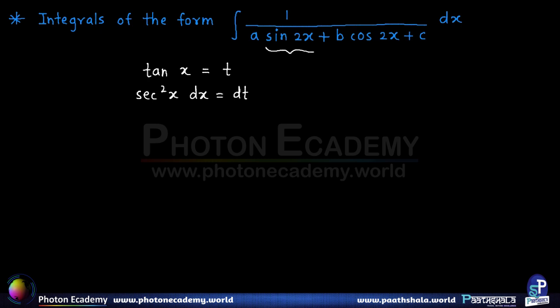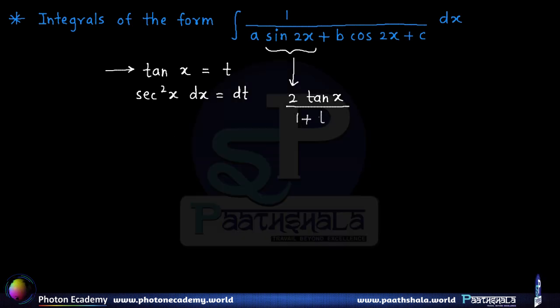Now if we consider the sin 2x term, we know that sin 2x can be written in terms of tan x as 2 tan x upon 1 plus tan square x, right? So we wrote sin 2x in terms of only tan x.